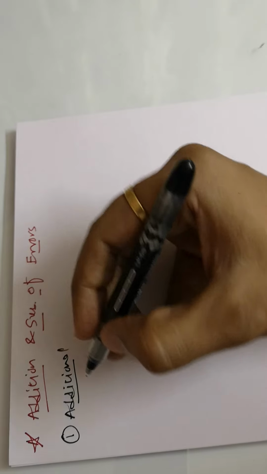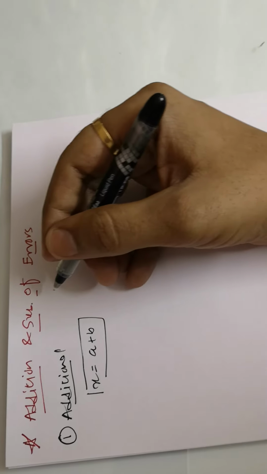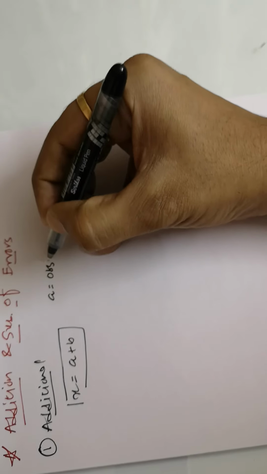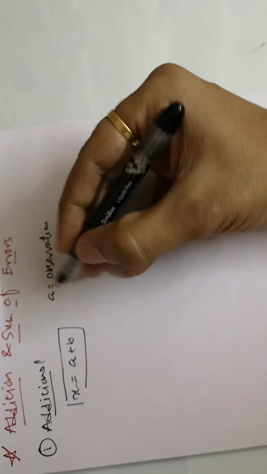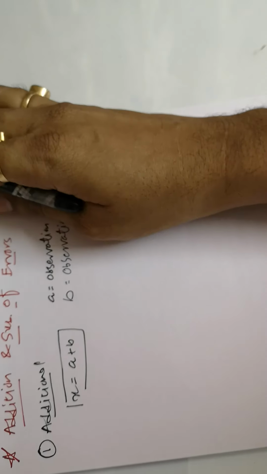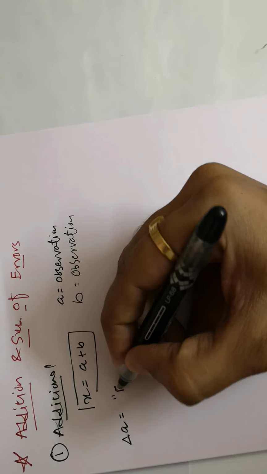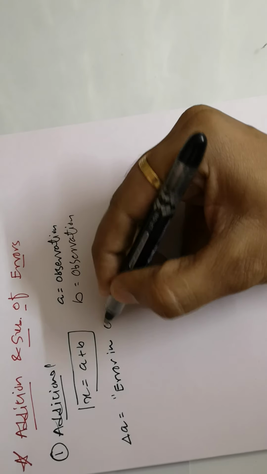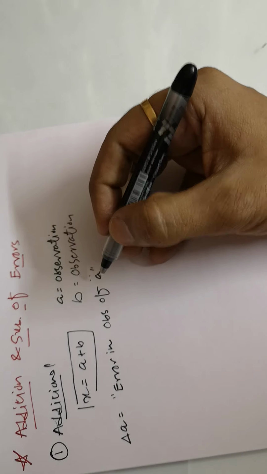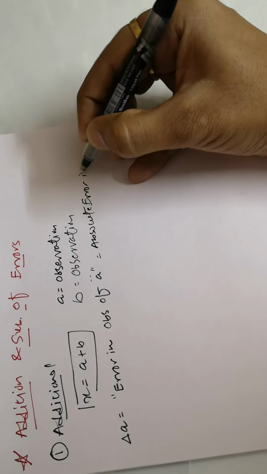In this addition rule, first of all, let's say I have one observation, x equals a plus b. Here a is one observation and b is another observation. Let's say delta a is called the error in observation of a, or you can say the absolute error in small a.